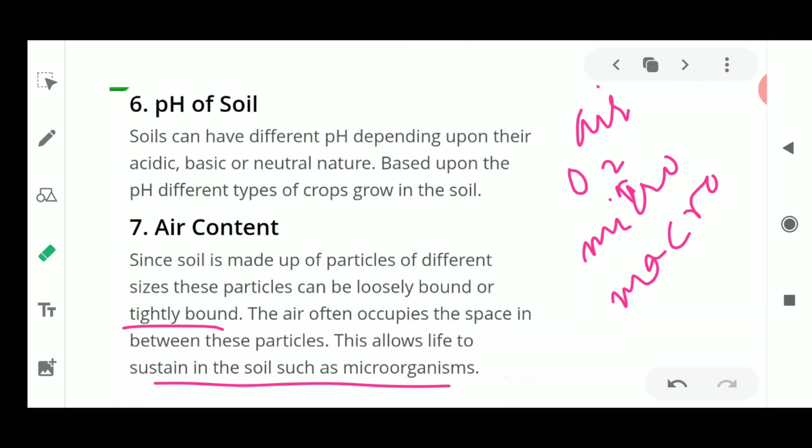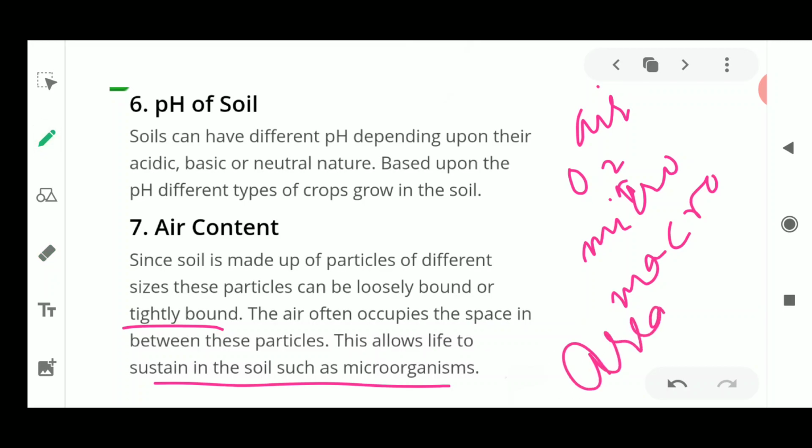Now how will you prove that air is present between the soil particles? Before that, I must tell you that this air content is very necessary for each and every type of microorganism, and this air content also keeps the soil aerated.